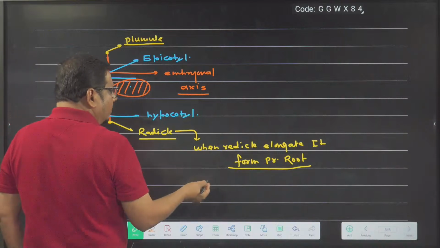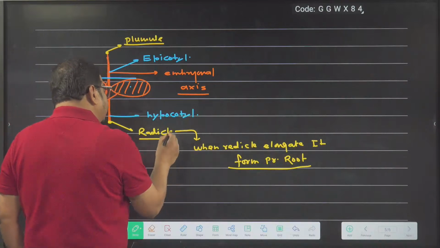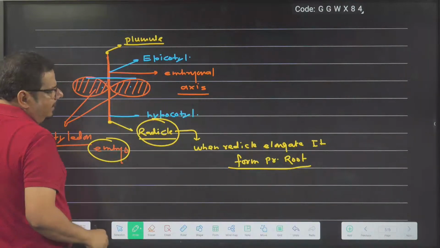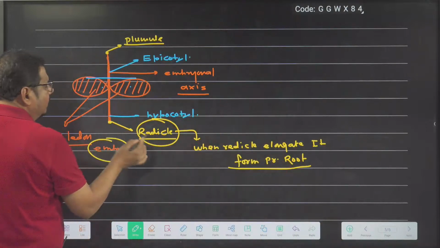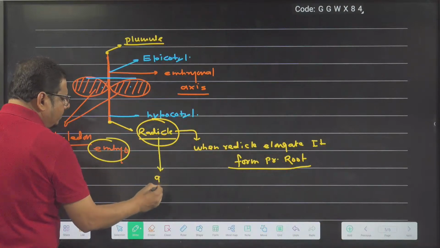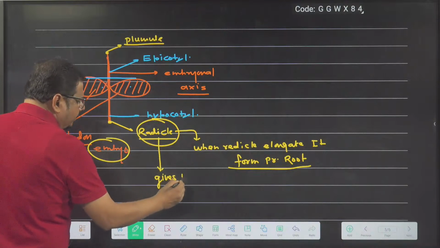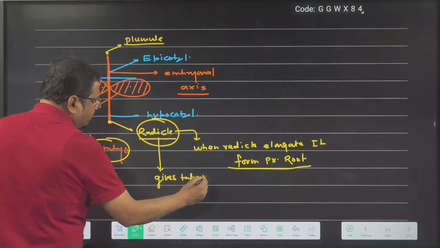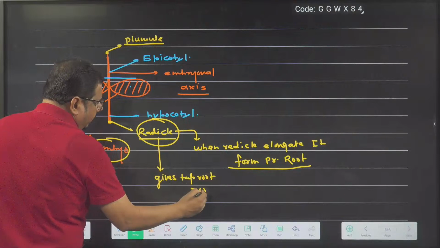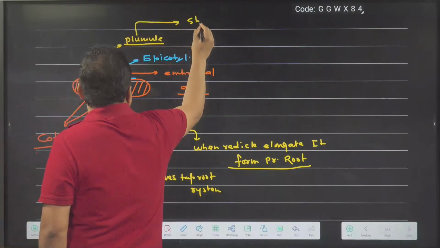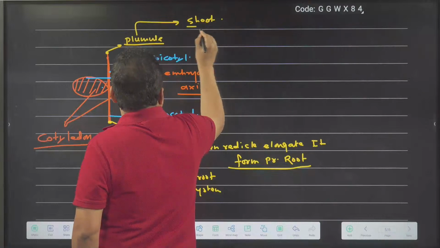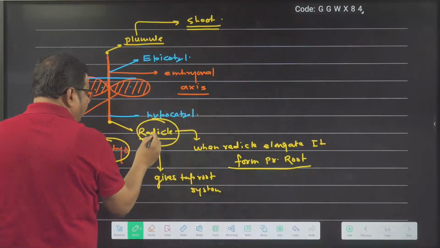So you can say formation of primary root occurs by elongation of the radicle, and that is the reason in this diagram. So radicle, you understand what is there? Radicle gives root system, gives taproot system, and if you talk about plumule, it gives shoot. So shoot arises from plumule, root arises from radicle.